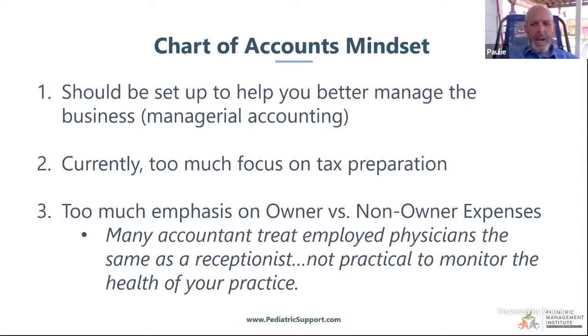According to the accountant, Dr. Blanchard and I are the owners of the practice, and Dr. Hart is the same as a receptionist or a billing clerk or anyone else, because on paper they are an employee. So the accountant will lump Dr. Hart in with all the other employees, and that does not become helpful when we're trying to manage the practice.